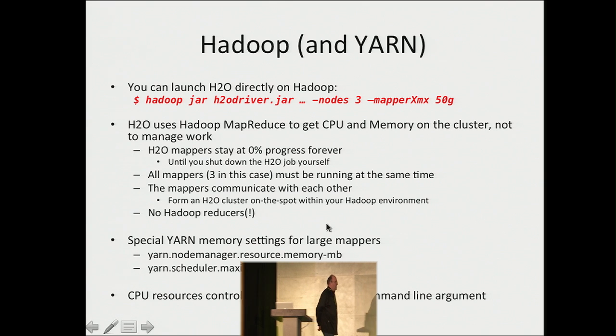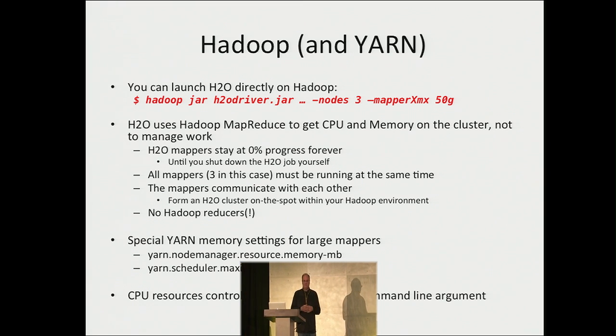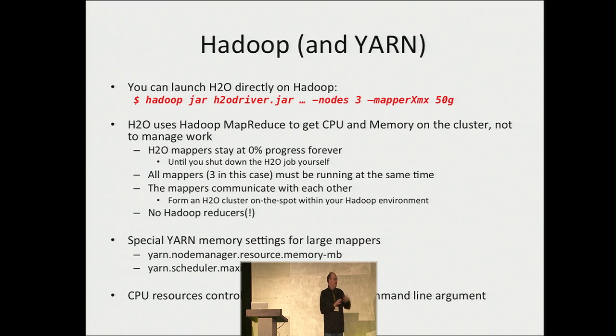So let's talk about Hadoop a little bit more, and by Hadoop, I mean both MRv1 and MRv2. Really, our implementation isn't that different for MapReduce 1 and 2. So YARN is fully working here. And it's really, really easy to start a cluster.